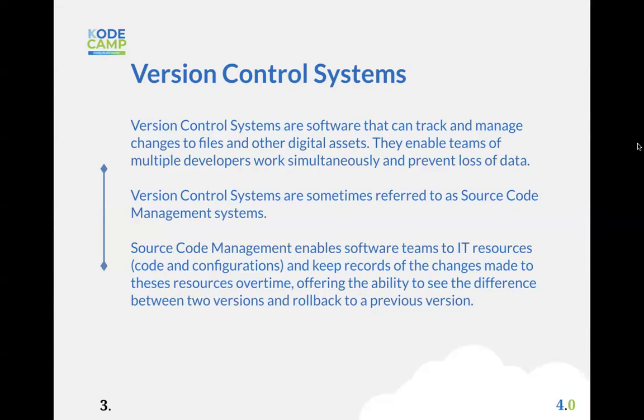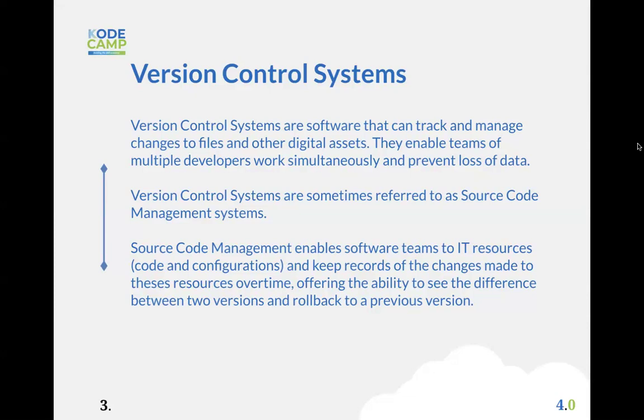So tools called version control or source code management tools have been introduced that help teams and developers to track and keep a central management system of the different code, the different changes, the different updates, the different rollbacks made by all the developers.